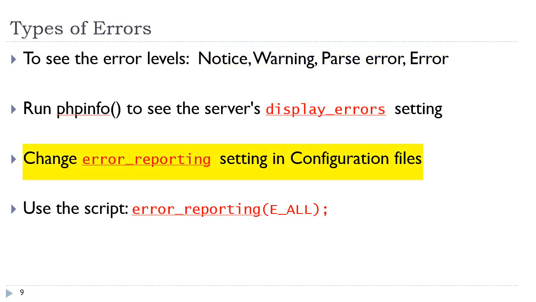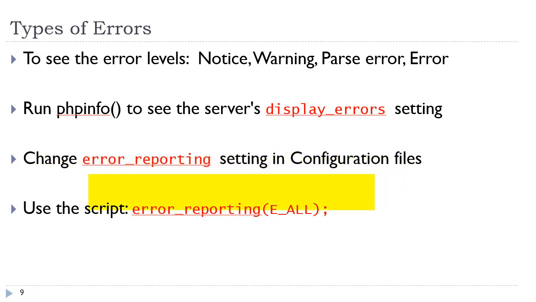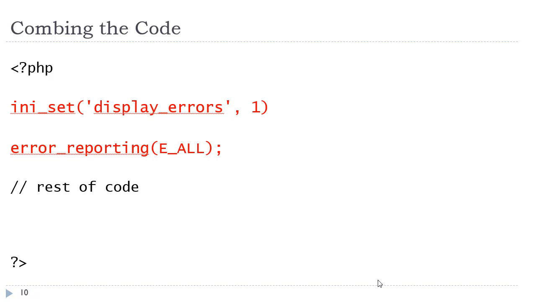You can change the error_reporting settings in the configuration files. You can use the error_reporting function on every page to see the level of error. So at the top of each PHP page, you might want to set these two functions in order to display the errors and to see the level of error.